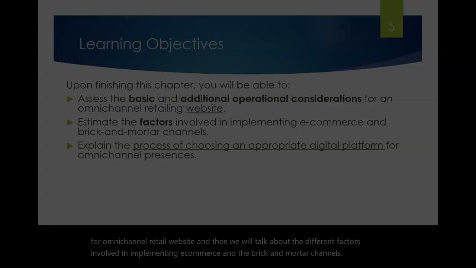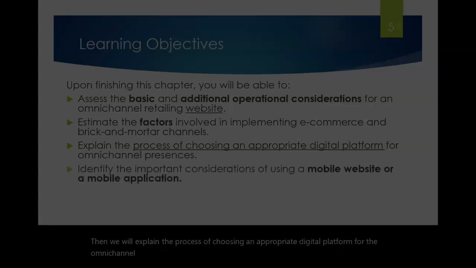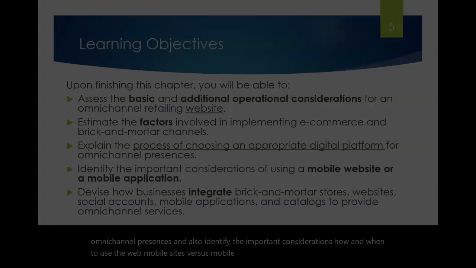Then we will explain the process of choosing an appropriate digital platform for the omnichannel presence, and also identify the important considerations for how and when to use a mobile website versus a mobile application. The last is how the business integrates brick and mortar stores, websites, social accounts, mobile applications, and even e-catalogs to provide omnichannel services.